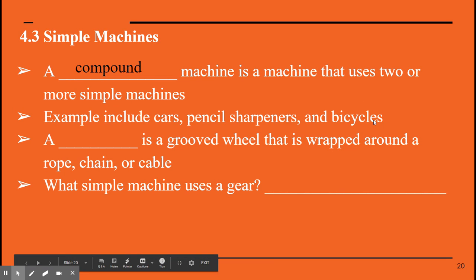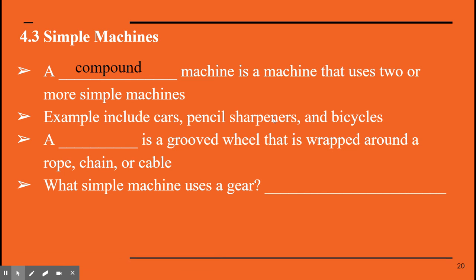Bicycles will do the same thing. They have a lot. Pencil sharpeners have a few in there. They use wedges on the inside to sharpen the pencil. They have levers on the outside to crank around, unless you have an electronic one. But this is just a few examples of a couple compound machines here. They sometimes use gears to groove the wheel wrapped around a rope, a chain, or a cable.